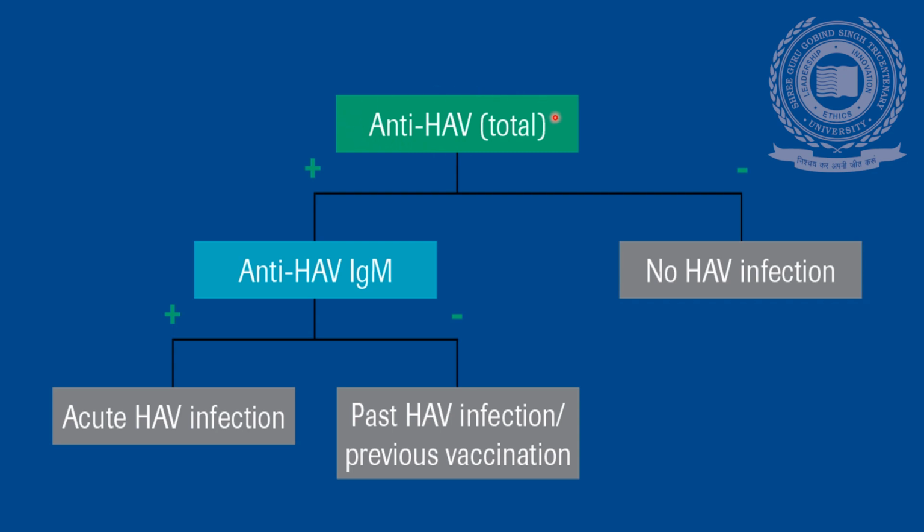If that comes out to be negative, then there is no hepatitis A infection. If the test is positive, we have to follow it up with anti-HAV IgM antibody detection. If it is negative, it was a past infection or there is a previous vaccination history. If it is positive, the infection is acute.